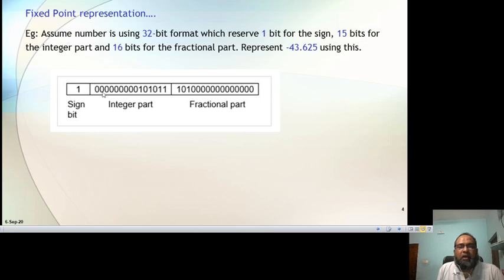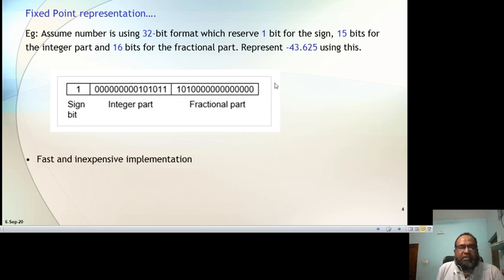Corresponding integer, you have to write the binary of that 43. Here we have 15 bits reserved for that. So the remaining bits you have to fill with zeros, so that there will not be any change in value. Similarly, the fractional value, here it is 0.625, the corresponding binary is 101, and the remaining portions you have to fill with zeros.